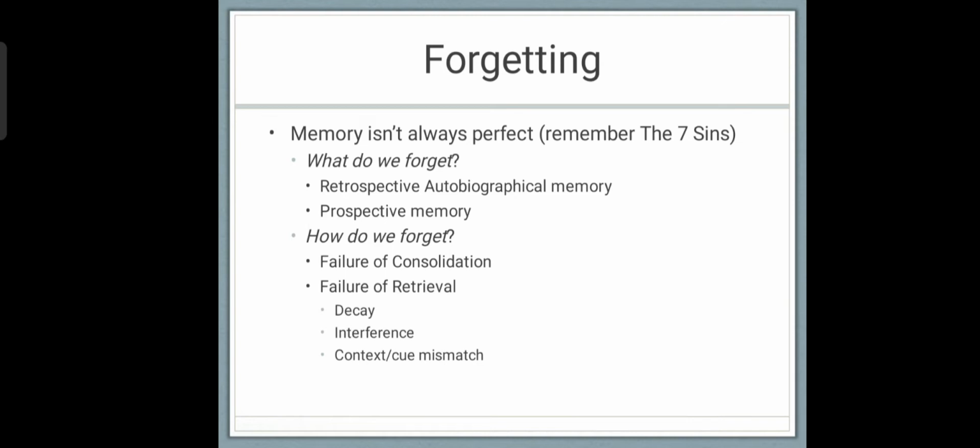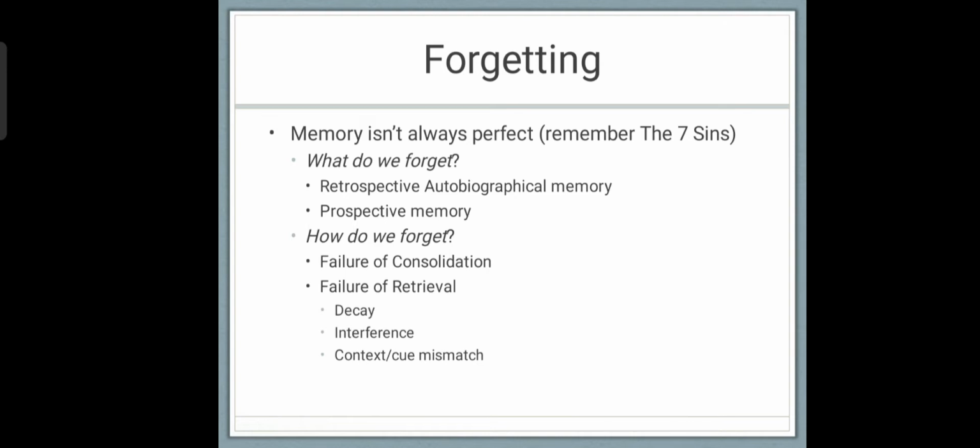Now, failure of consolidation is like a cement slab. When the cement is in liquid form, you can give any shape to it, but after it has solidified, we cannot modify that shape.